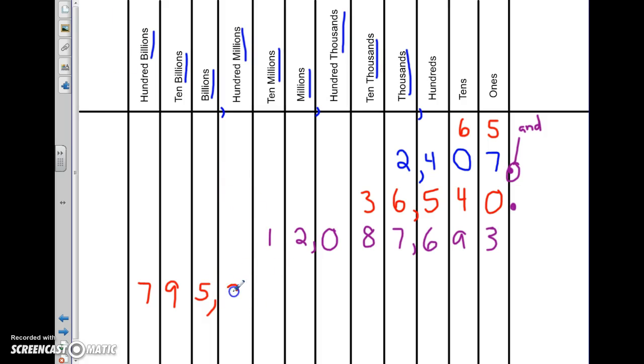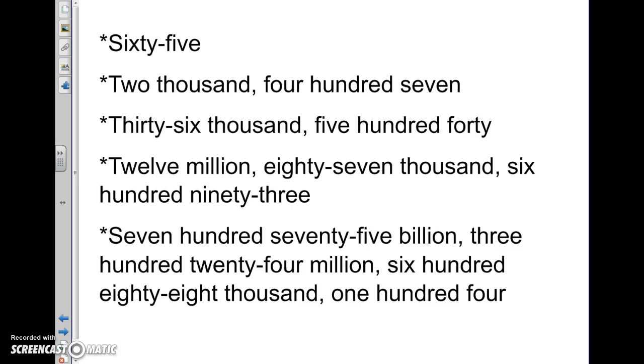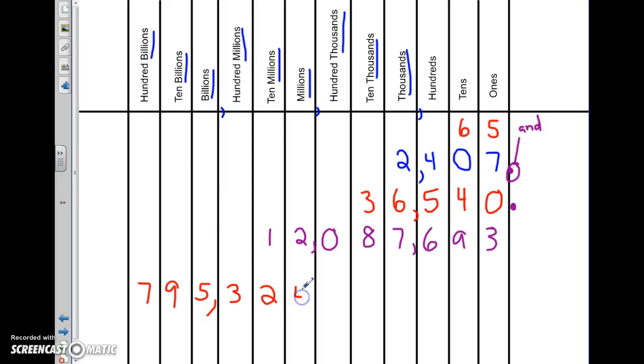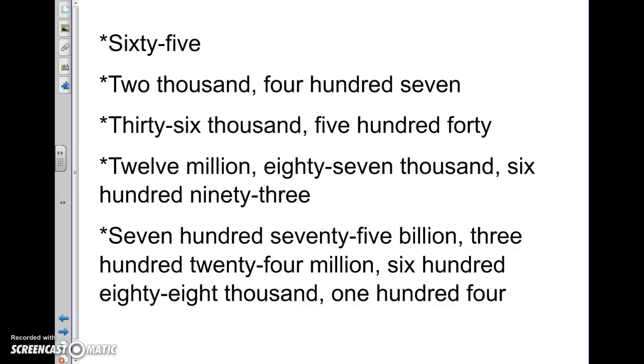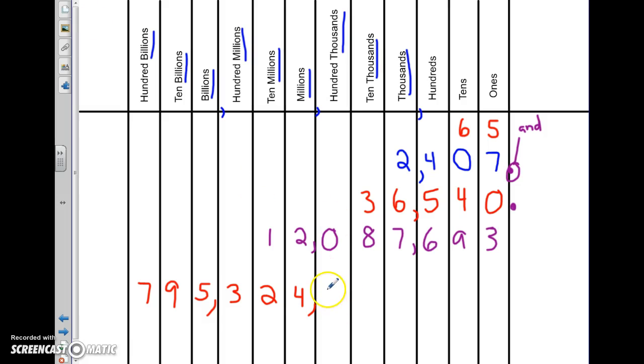So we're going to have 300 million, 20 million, which is 2 ten millions, and 4 millions here. 688,000, so 600,000, 80,000, which is the same as 8 ten thousands, and 8,000.